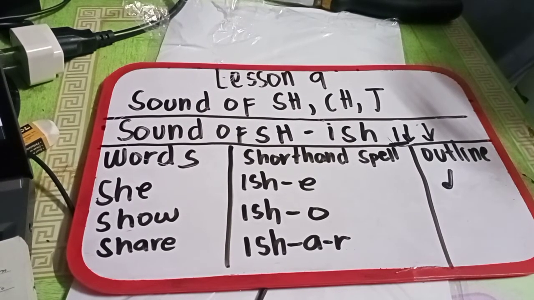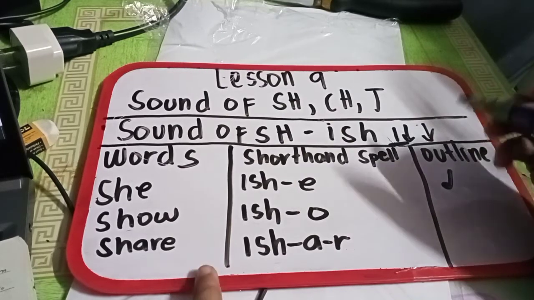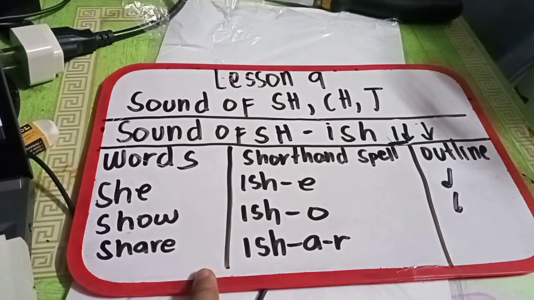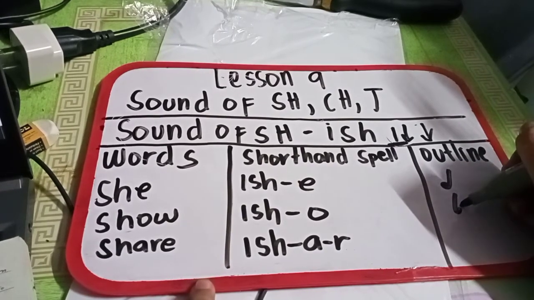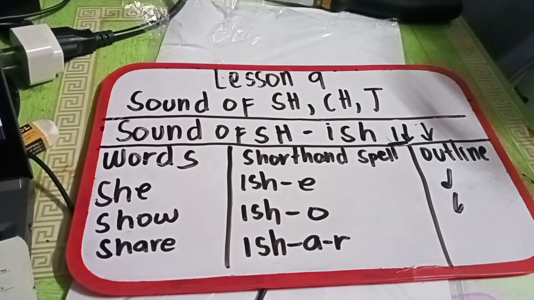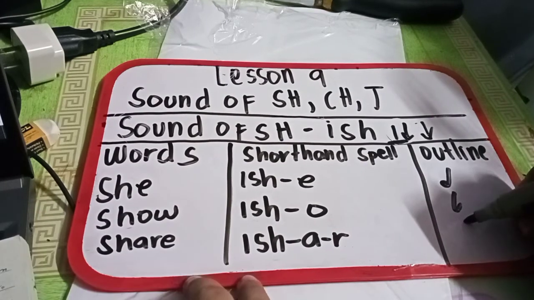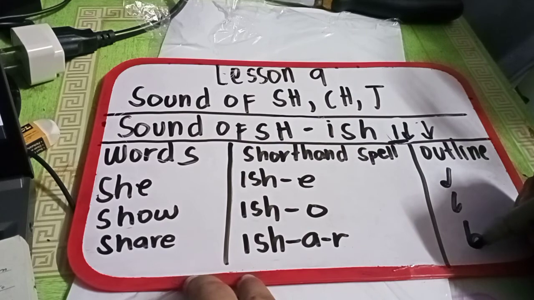And the outline of show is ish o. Then the third is share. The shorthand spelling is ish hyphen a hyphen r. So the outline is ish a r.